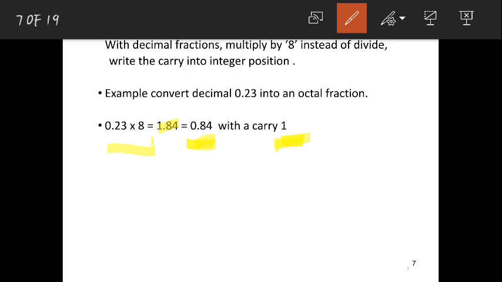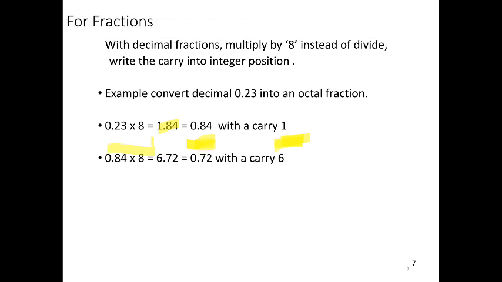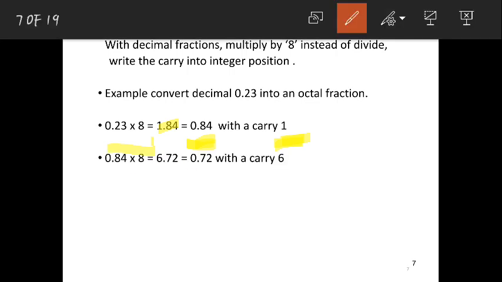So when you multiply 0.84 again by 8, we got 6.72. Now this 6 is the carry and 0.72 is the result.